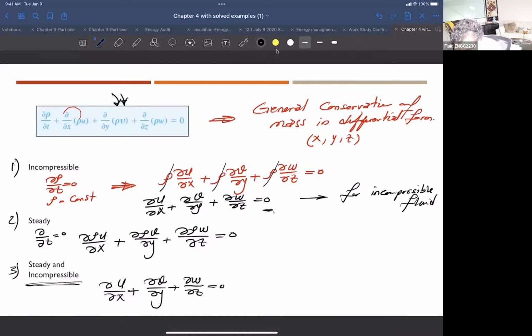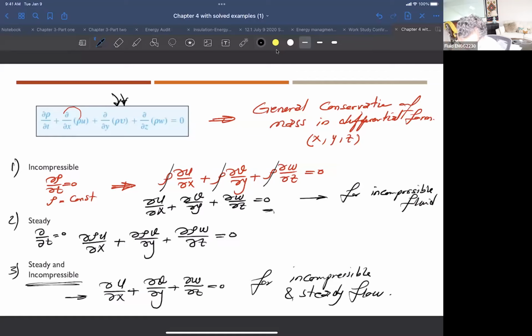But this one is valid for incompressible flow, steady or unsteady. It just happens that the density is constant, so d density by dt is 0. But here, it is for incompressible, steady flow.